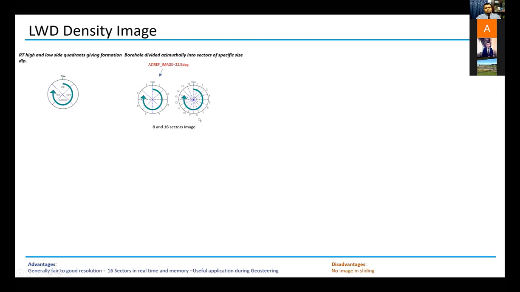The resolution is quite high, and when you are doing a geosteering job, it really helps when you process the data, especially when you calculate the depths.